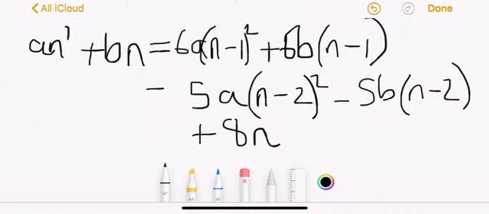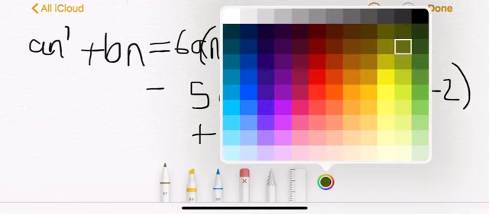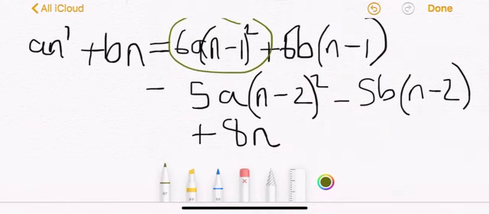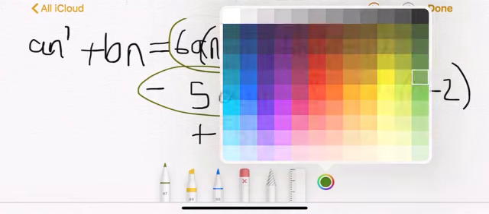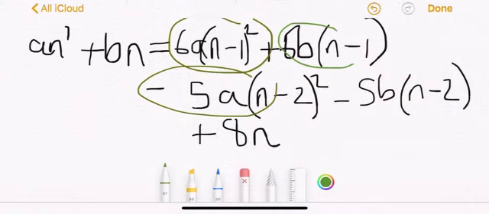Well, you might want to do that yourselves, but if we think strategically about it, by expanding this out we're going to get a 6an squared, and by expanding this out we're going to get a minus 5an squared. So we get an an squared on the right-hand side, and we also have an an squared on the left-hand side. Similarly, if we expand this out, we get 6bn, and if we expand this out, we get minus 5bn.